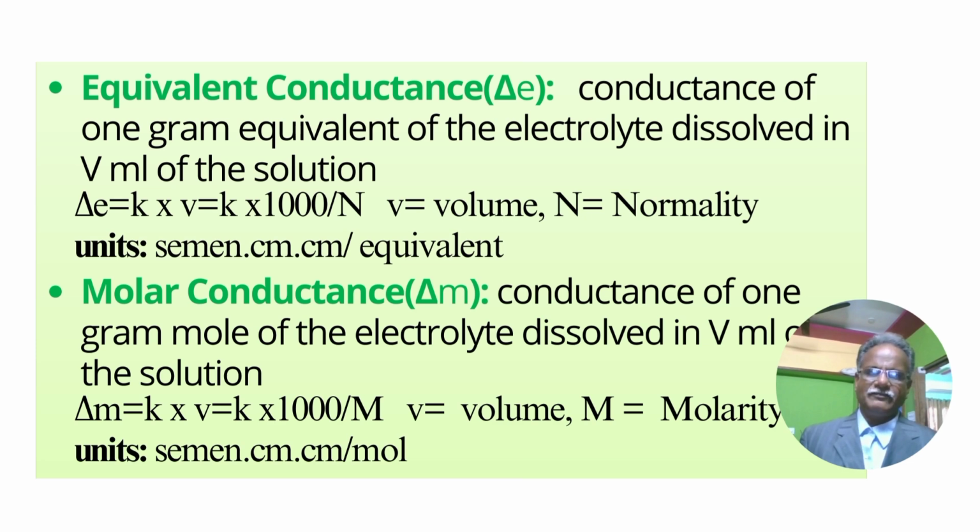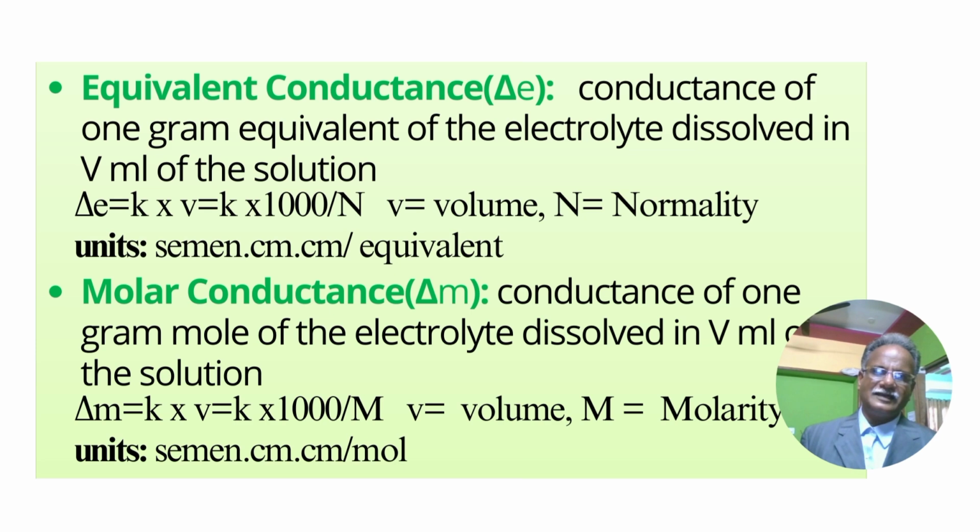Molar conductance. There is a little bit difference in the definitions of equivalent conductance and molar conductance. Conductance of 1 gram mole of the electrolyte dissolved in V mL of the solution. Let us see the difference. In equivalent conductance, we have stated that 1 gram equivalent.